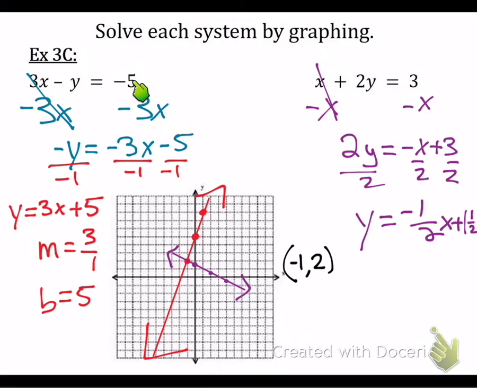Does that give me -5? Yes. -3 minus 2 is -5. So it checks out on this one. If I plug it in over here, I'd have -1 plus 2 times 4? Yeah, so this does check out. So it's good to go.